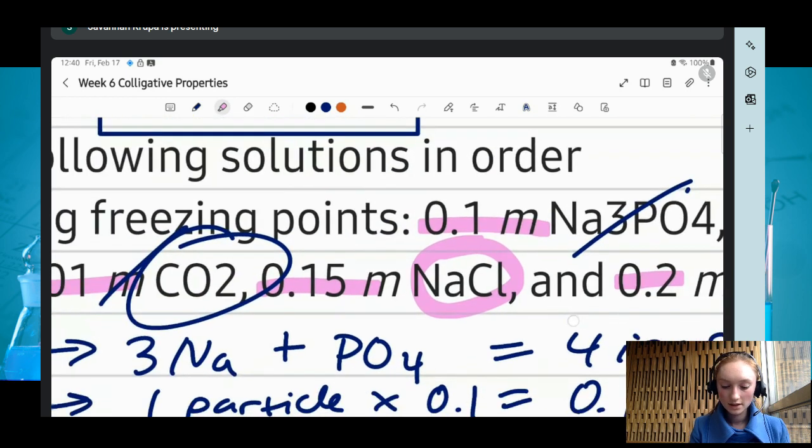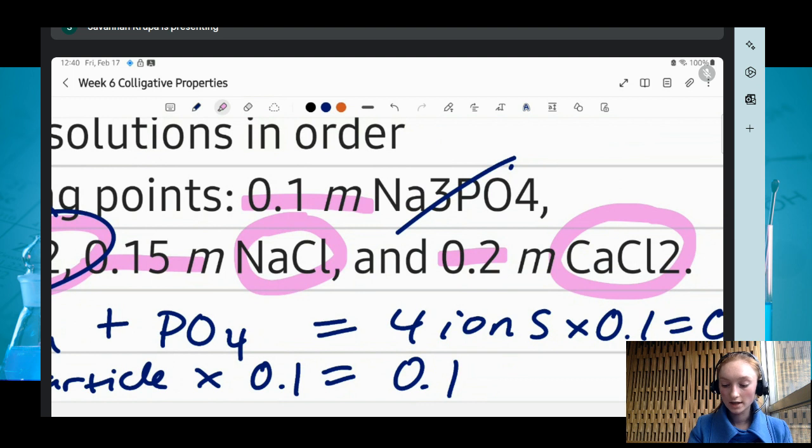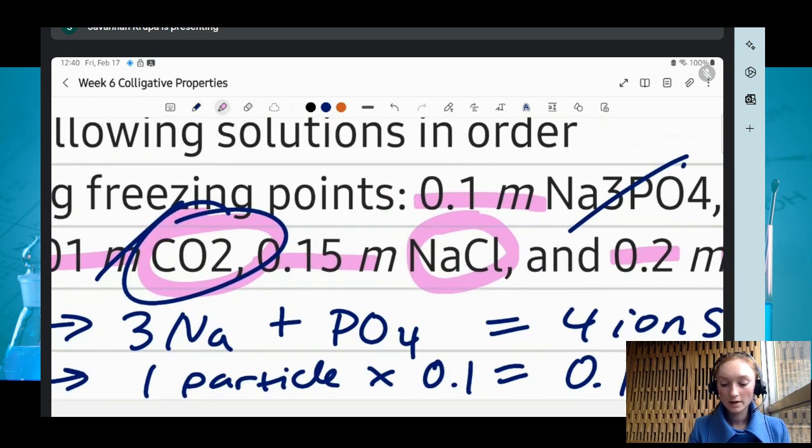The CO2 is not ionic because it's carbon and oxygen, non-metals only. The sodium chloride and the CaCl2 are a metal and a non-metal, so they are ionic. But some ionic compounds don't necessarily form ions in solution, so you need to look up the rules with solubility. So if that makes sense at all.